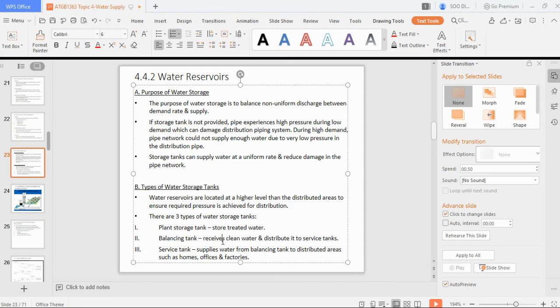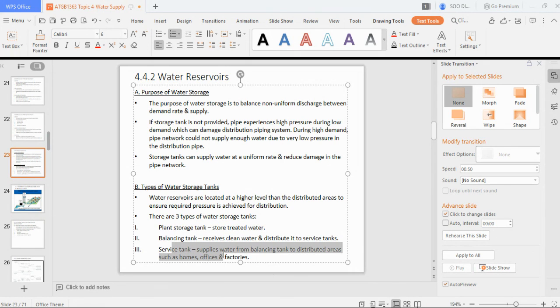And then the balancing tank will be another set of tanks which is closer to the society or to the area that you're staying. The plant storage tank is at the water treatment plant, usually near the reservoir where the plant is being built.